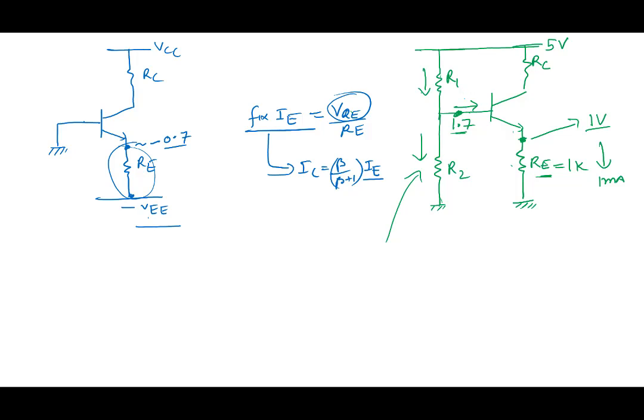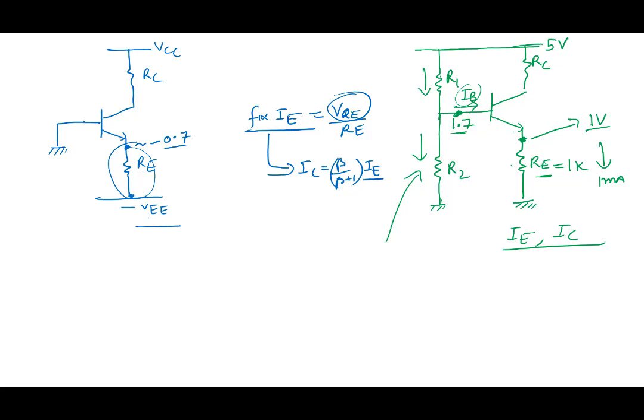And this current is IB. And note, what did we say? IE is stable. IC is stable. Stable means constant value. But IB would be variable here.